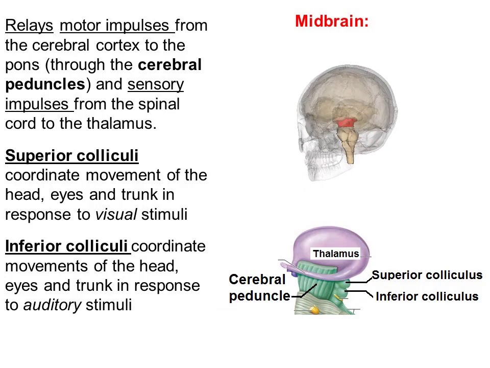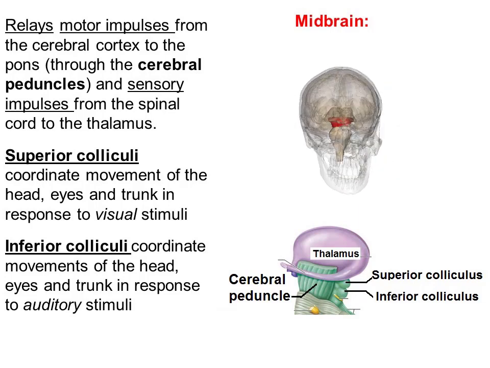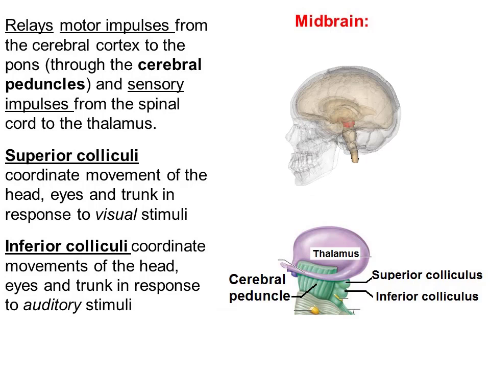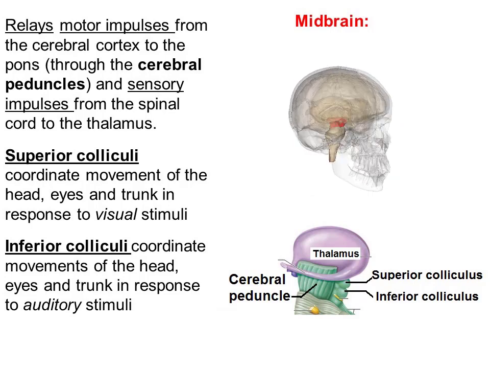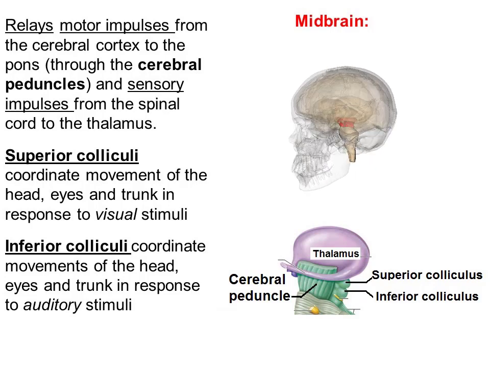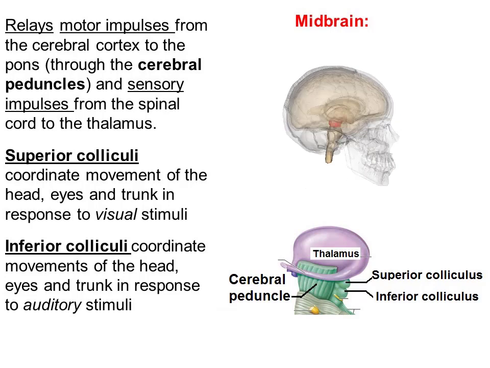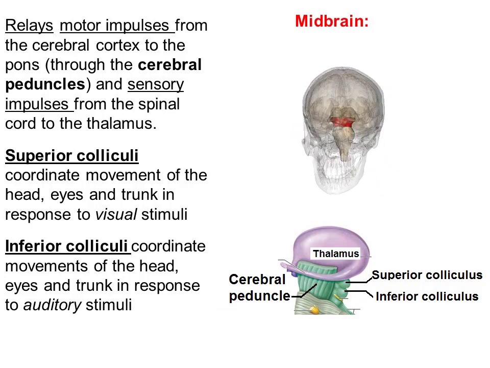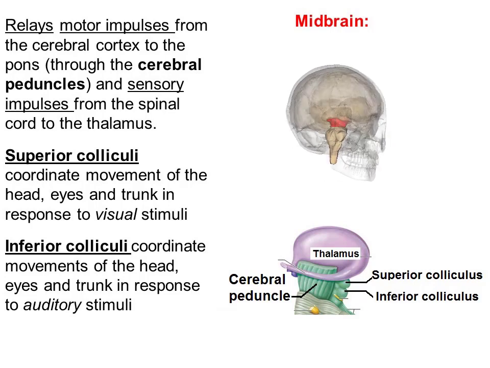Now, on the back side of the brain stem, the midbrain, you've got these two bilaterally symmetrical enlarged bumps. And these are called colliculi, not canaliculi. Don't confuse that with the bone. Colliculi. You've got one on top and one below, so superior and inferior.